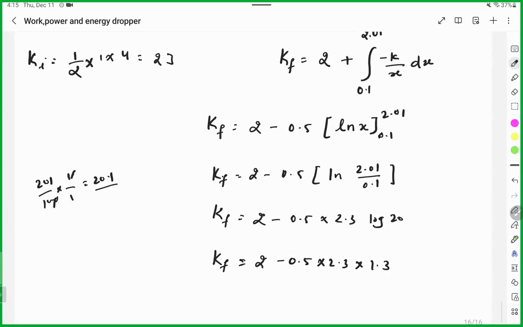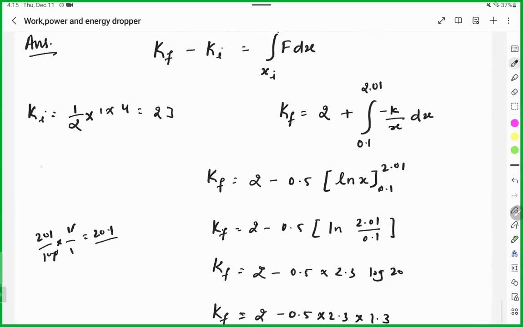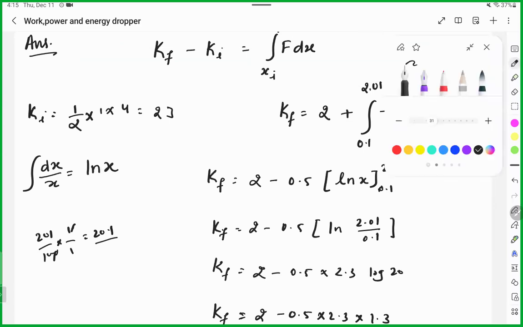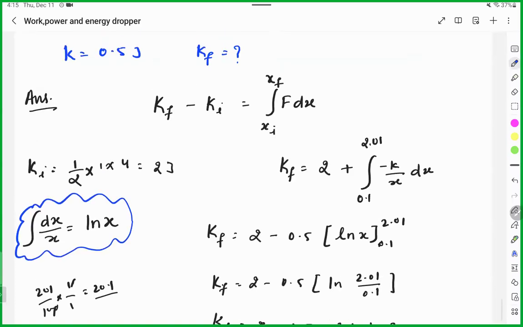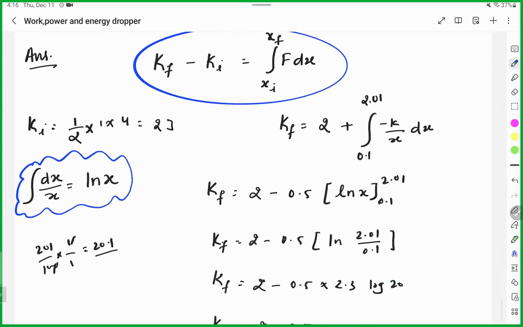Remember one thing, if you integrate dx by x, it is equal to natural log x. This is really, really good. Everything else is easy to do. Why? Because you have to apply the variable force work energy theorem. Put the initial value, and this force value is minus k by x given in the situation.